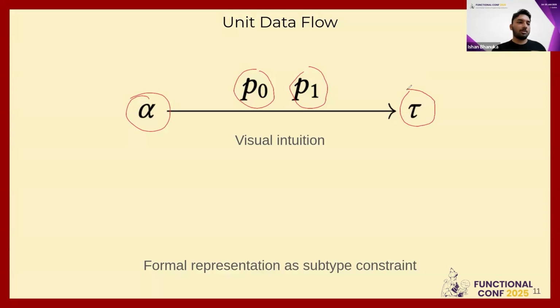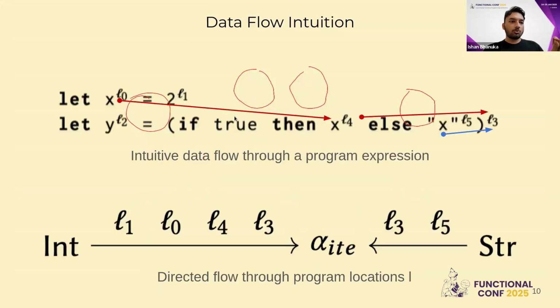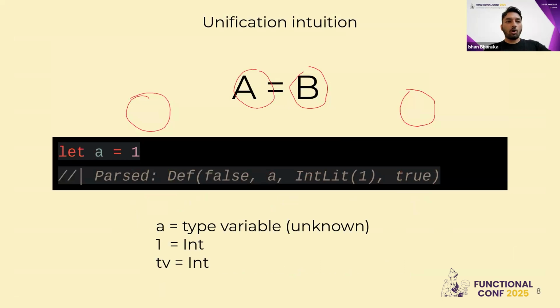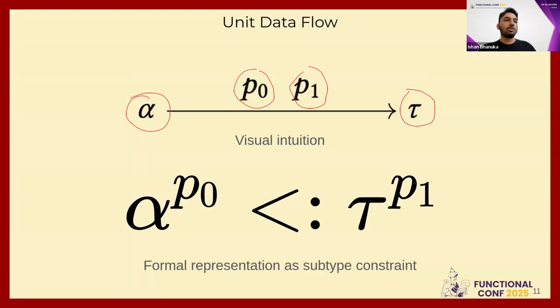Everywhere in the program, this is what happens. And I want to formalize it using something called a subtype constraint. Remember, this is very similar to the equality, except now it looks like an arrow. And it's an arrow because it has a direction.